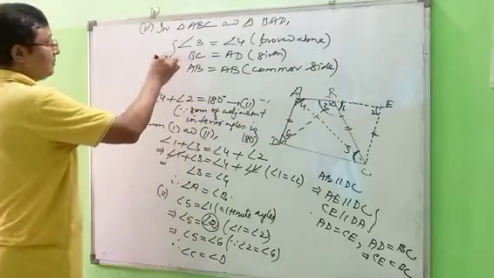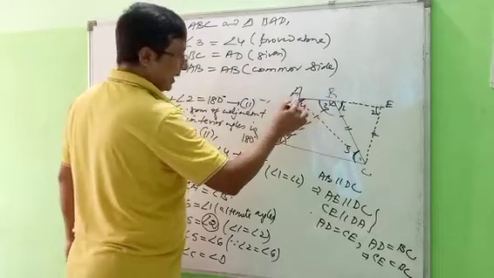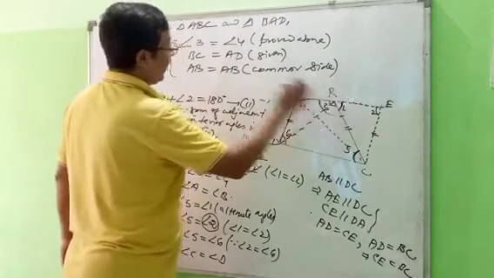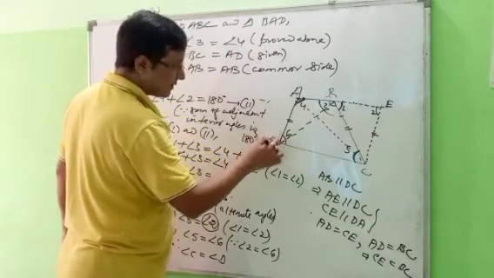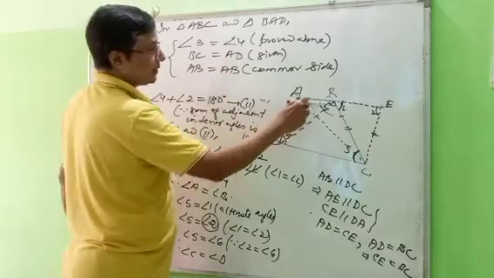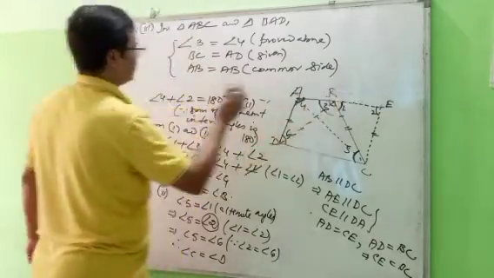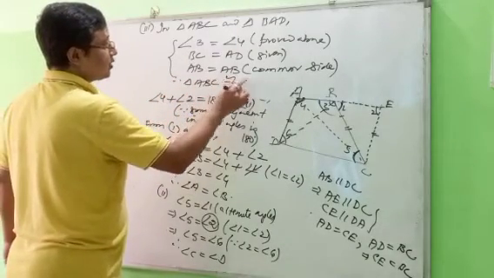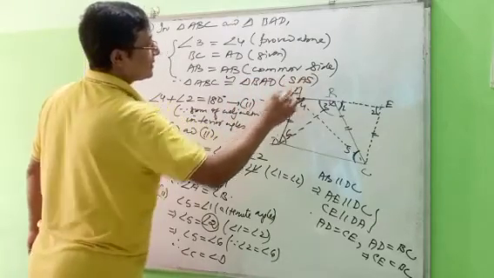So you have got the three conditions. In triangle BAD, you took AD, you took AB, and you took angle 4. So you took AB, angle 4, and then the side AD. So the two triangles are congruent by side, angle, side. Therefore triangle ABC is congruent to triangle BAD by SAS.